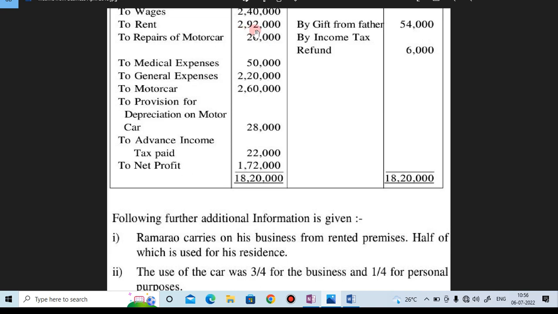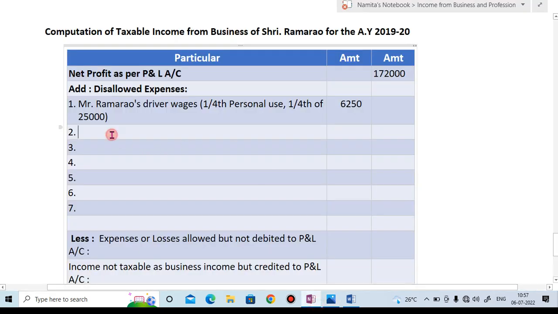That means 50% of rent is used for business, and the other half is for his own residence. Whatever is for his own residence is personal and not related to the business, hence it is called disallowed expenses. Next is rent, 50%.